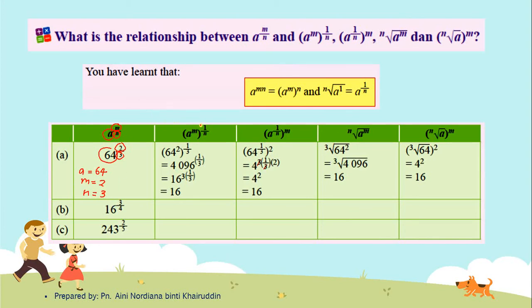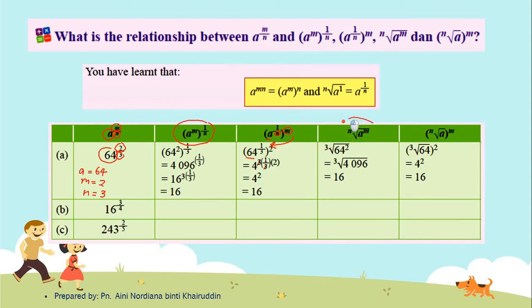When you want to write in the form of this, you just substitute A with 64, M here with 2, close bracket, 1 over n here you write 3. Okay, same goes to D. A here is 64, n here is 3, so 1 over 3, m here is 2, so m 2.